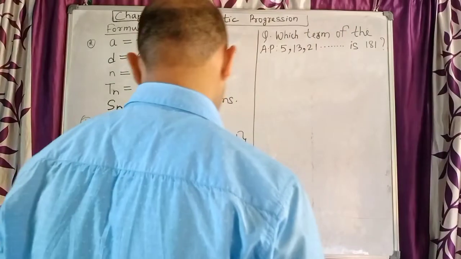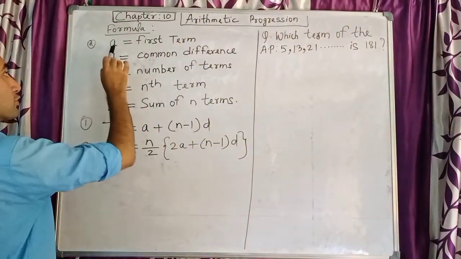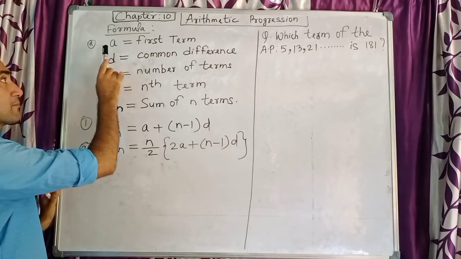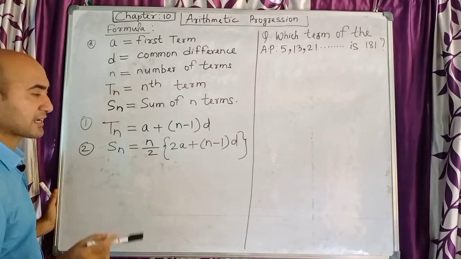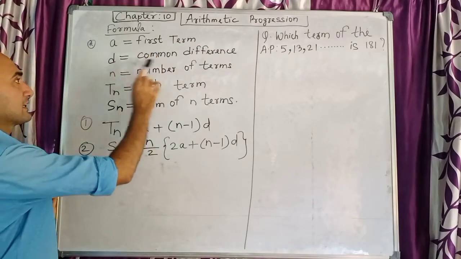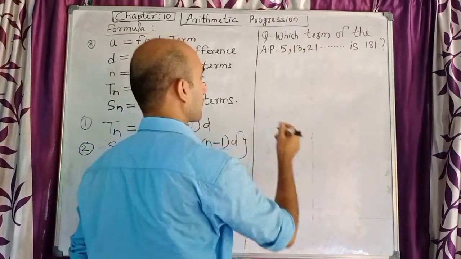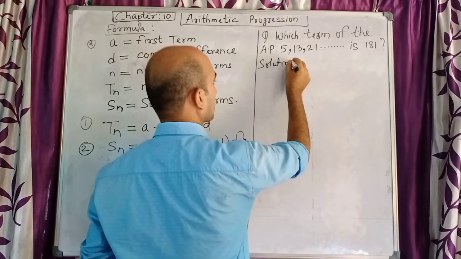I will start this chapter with some formulas. Before I start my formula, I should tell you a few technical terms. The symbol A means first term. Suppose I have taken a question, so from here I will explain the meaning of everything.